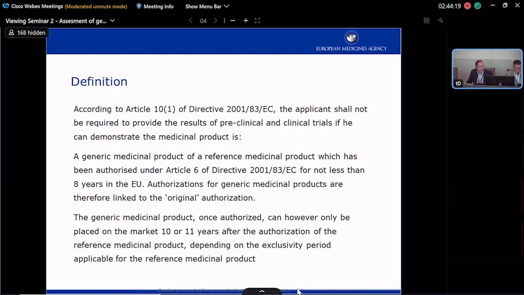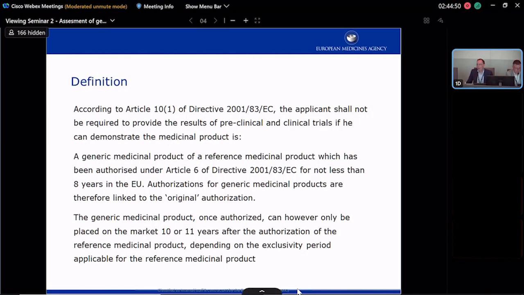But the generic medicinal product, once authorized, can only be placed on the market 10 or 11 years after the authorization of the reference medicinal product, depending on the exclusivity period applicable to the reference medicinal product.